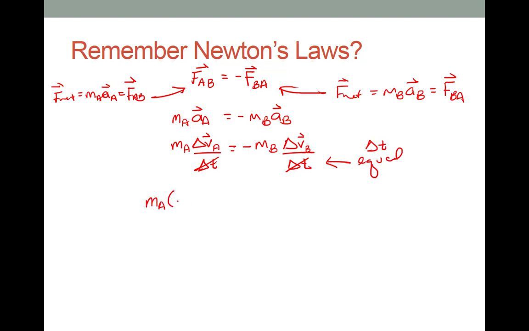And on the next line, I'm going to write out the definition of change in velocity as final minus initial for both the mass A and mass B. Okay. And now just playing a little bit with distribution of the mass into the equation.